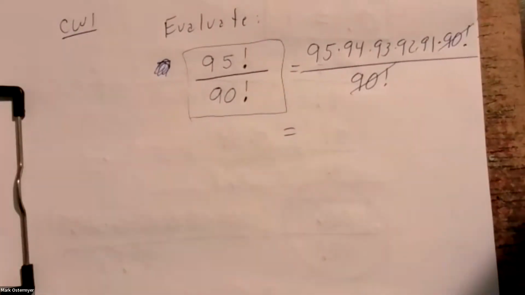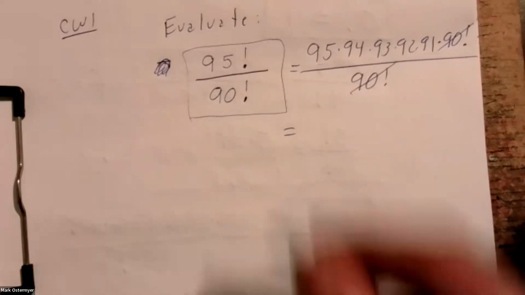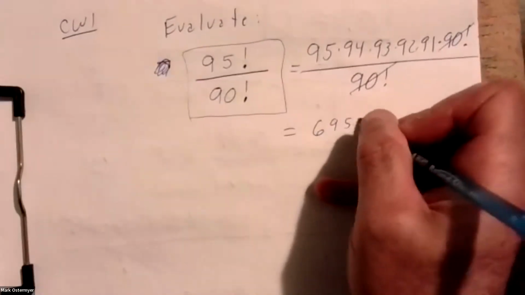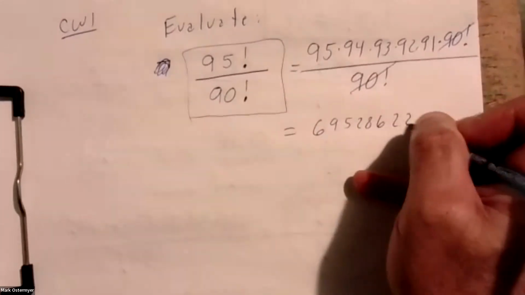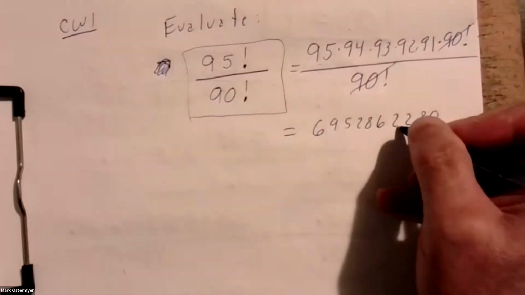So what is 95 times 94 times 93 times 92 times 91? Well, what do we get? Big number? Are we all getting this here?